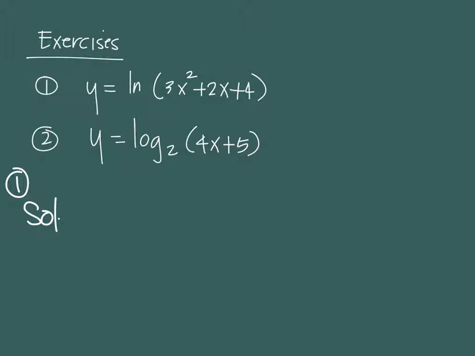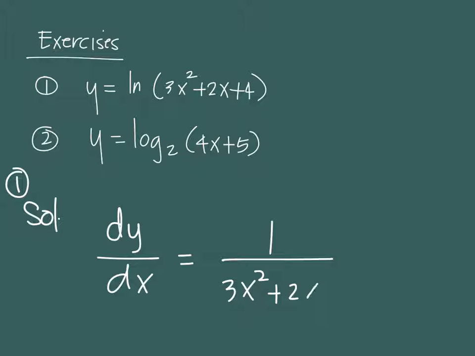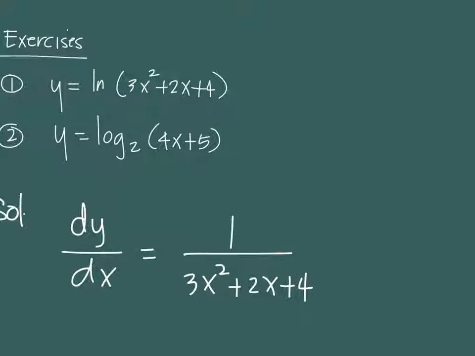Okay, so 1 over 3x squared plus 2x plus 4. We write the derivative as dy over dx, that's the notation, 1 over 3x squared plus 2x plus 4, and then, is that it?